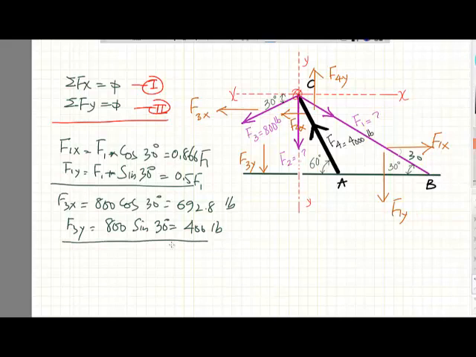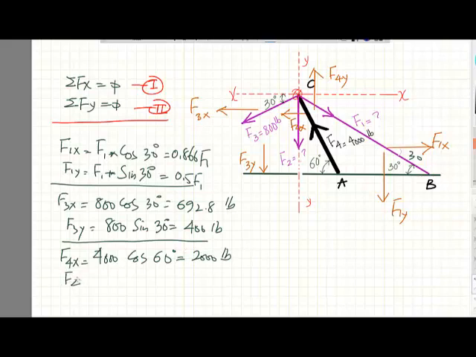Now for F4, again, same story, because F4 is already given, so F4x is equal to F4, which is given as 4,000 pounds, cosine 60 degrees, because this is the angle 60, and that is equal to 2,000 pounds.